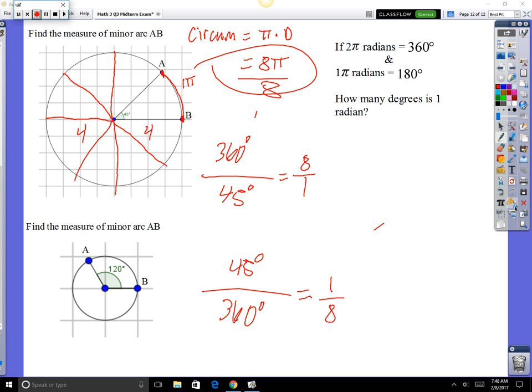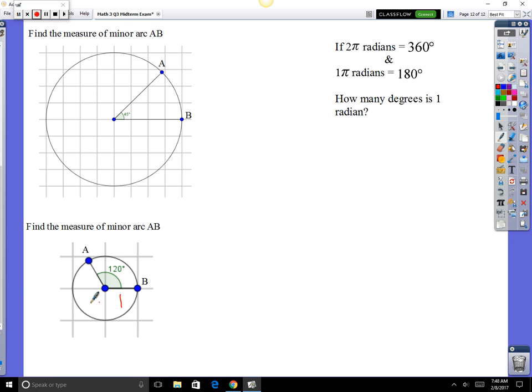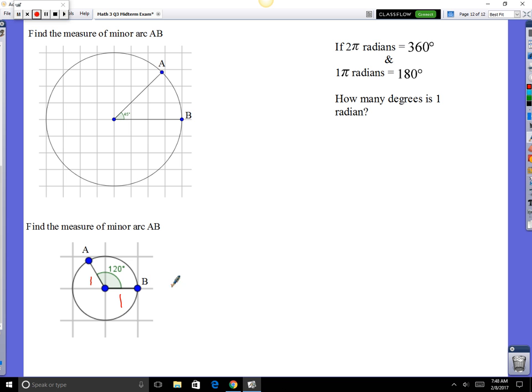Okay, next one. Now this is the unit circle. You got a tiny little circle. So the radius is just 1. So let's compare the 120 to the whole circle. So 120 over 360, or you can do the other way, 360 divided by 120. 120 over 360, that is a third. Or there are 3 120s in 360.